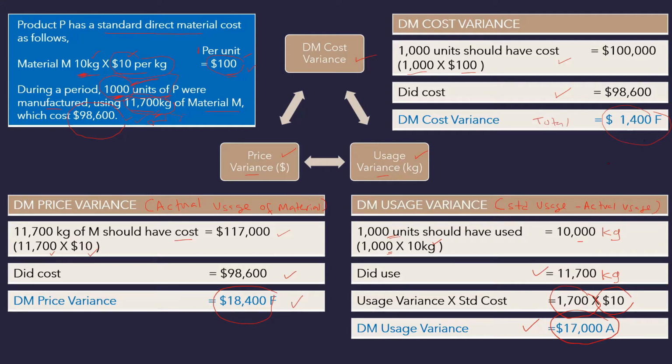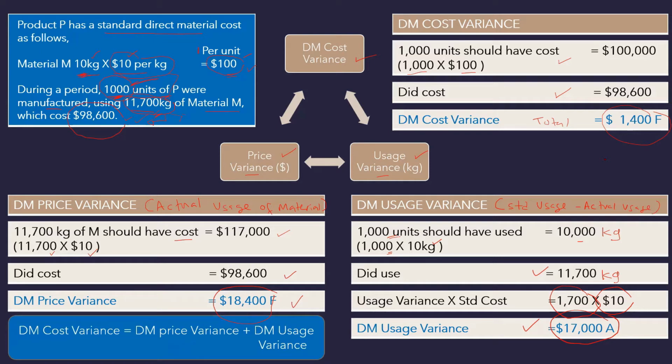It's a favorable variance. So this is how you calculate the direct material price and the usage variance. Therefore, this direct material cost variance consists of direct material price variance and usage variance.